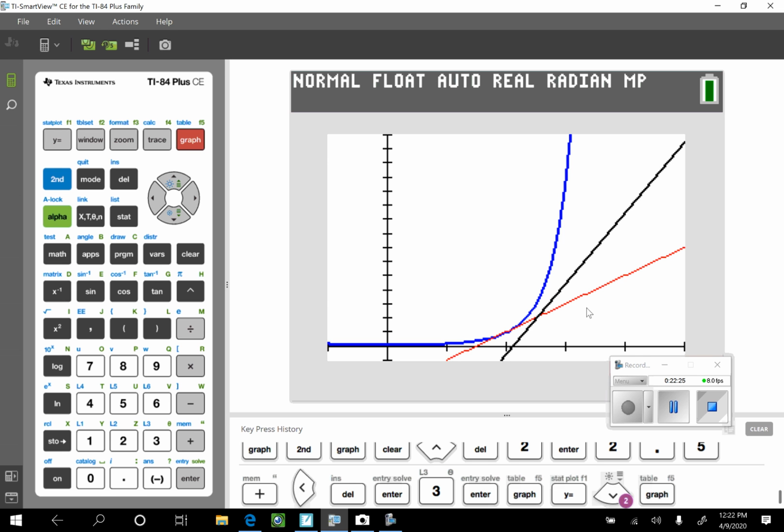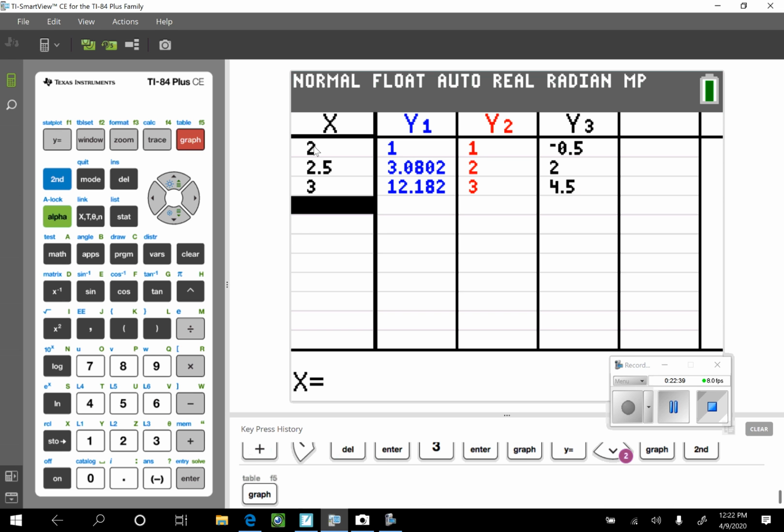Nobody's going to ask you to do that at this level. All they're going to do is ask you to do maybe 2 steps, possibly 3, at least 2. And I can come up here to my table and actually see those values. So the function at 2, 1 is where I started. The tangent line is certainly going to meet at 2, 1. This is irrelevant.